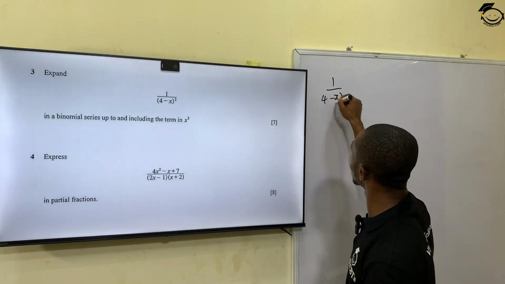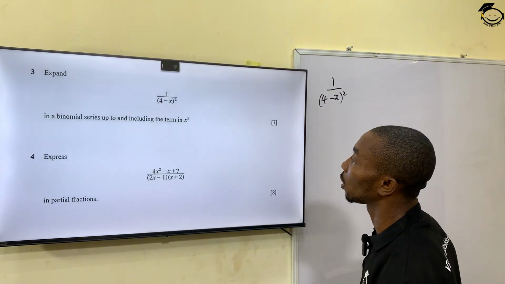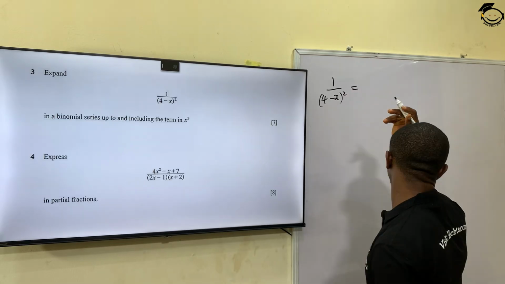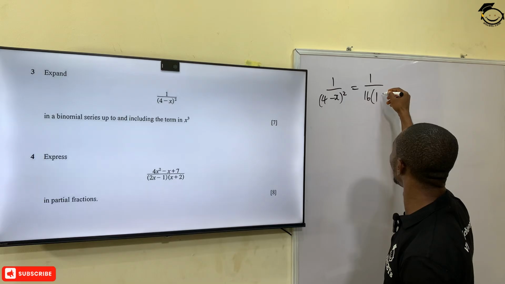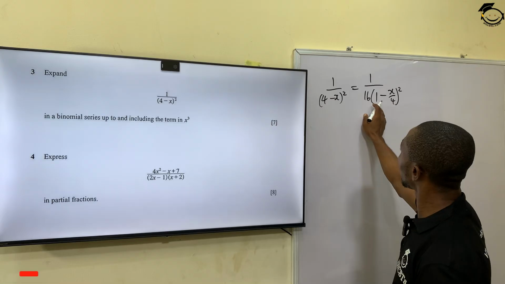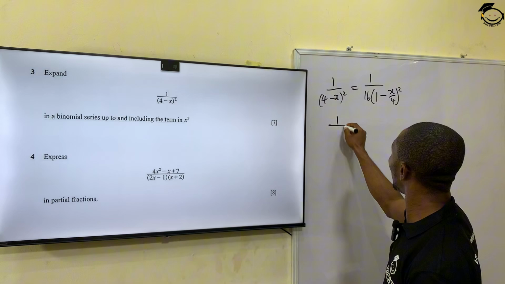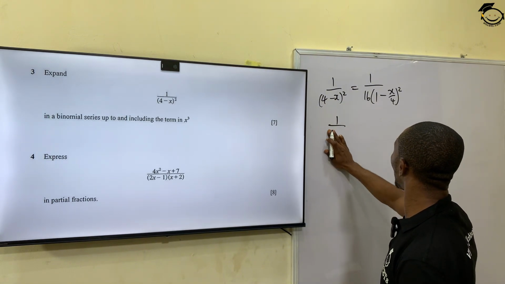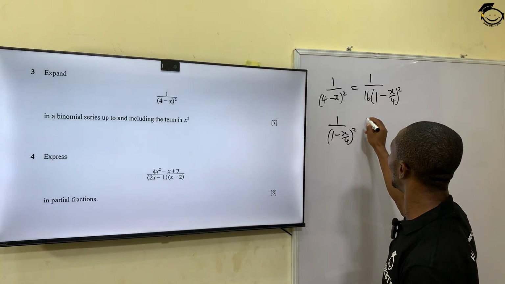Our next question says expand 1/4 minus x squared in the binomial series up to and including the terms in x cubed. Now, if we are expanding, this will become 1/16 bracket 1 minus x/4 all squared. All right, now let's expand 1 minus x/4 all squared in binomial.